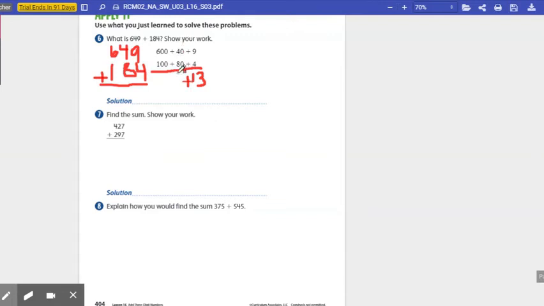Then I'm going to combine my tens. 80 plus 40. Well, I know that 8 plus 4 is 12. So 80 plus 40 is 120. Then I'm going to combine my hundreds. 600 plus 100 is 700.